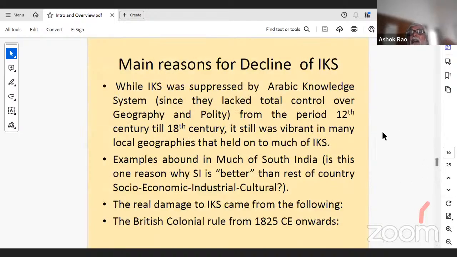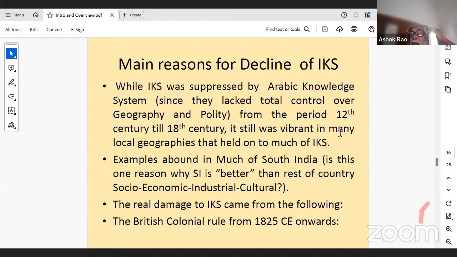What is the reason for the decline of the Indian knowledge system, even though it was there much earlier than any other knowledge system, for over 5,000 years? The Indian knowledge system was suppressed by the Arabic knowledge system. It was not destroyed, it was suppressed, since they lacked total control over the geography and polity from the 12th century till the 18th century.